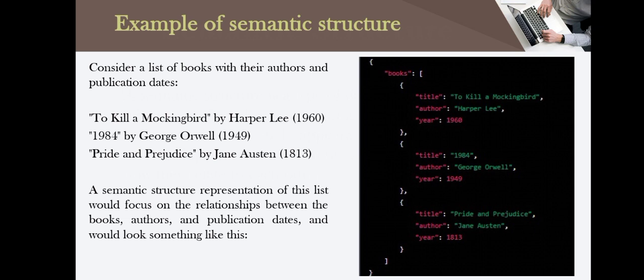Pride and Prejudice by Jane Austen. A semantic structure representation of this list would focus on the relationship between the book's author and publication dates and would look something like this. So, this is the example of the semantic structure, the coding on the side.